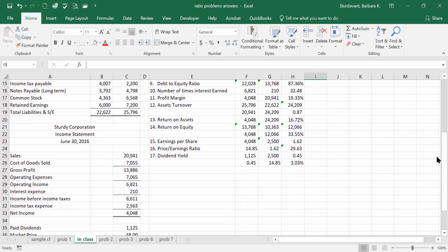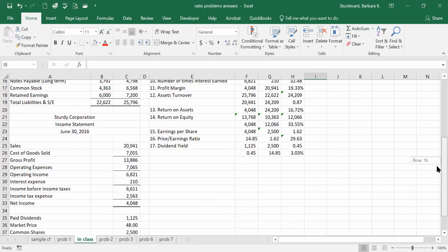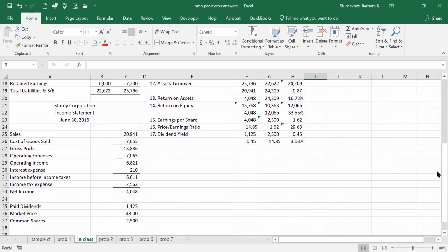All right, let's see what else we have here that we can use. Asset turnover, that is the next one on your sheet. With your asset turnover, it's going to be sales on the top, average total assets on the bottom. There's my two asset numbers.